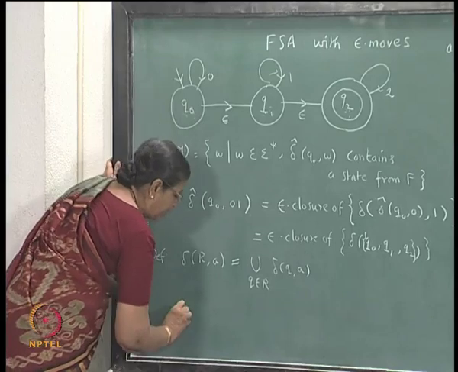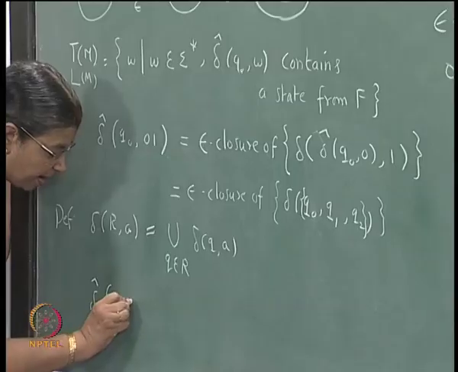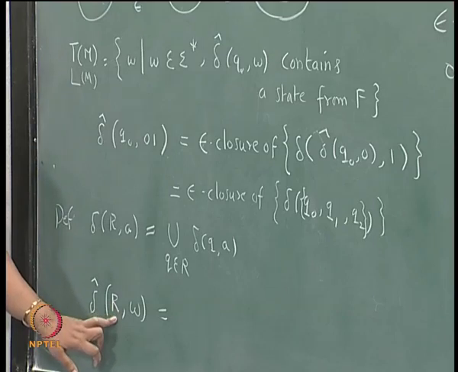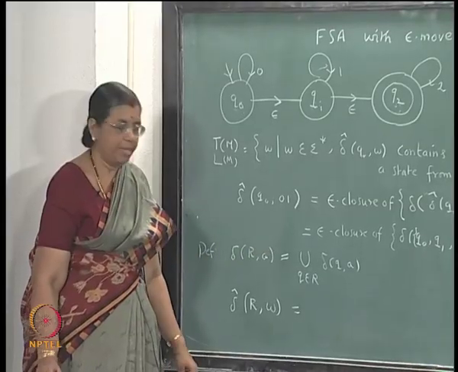And similarly for strings, delta cap R W, R is a set of states. From these set of states, if you read W, what are the possible states in which the machine can be?